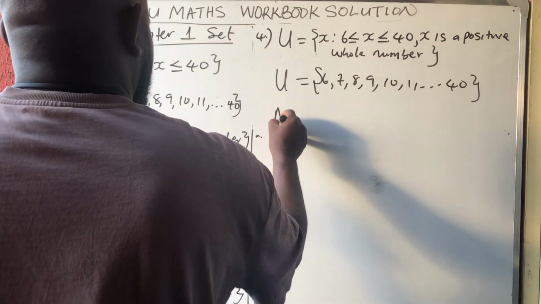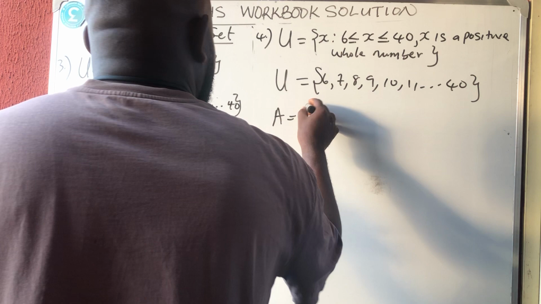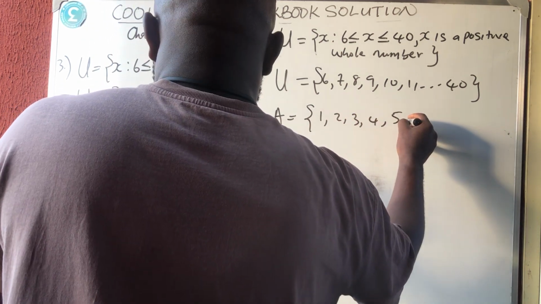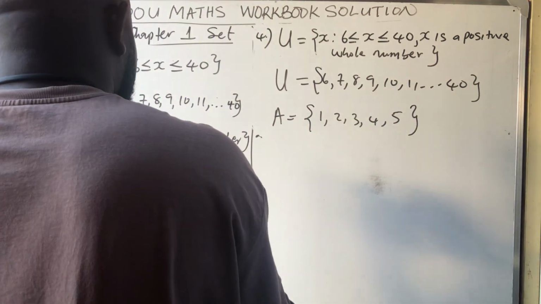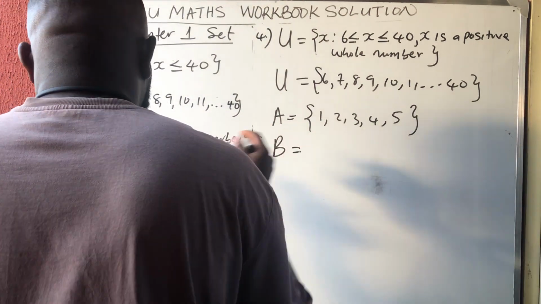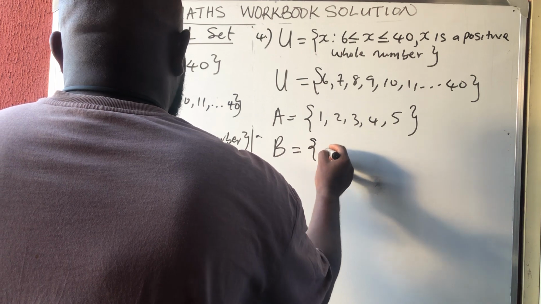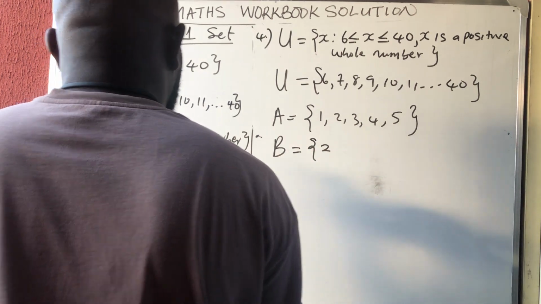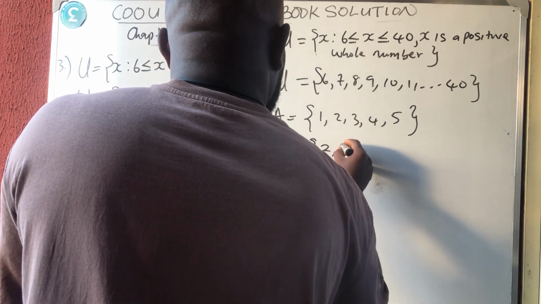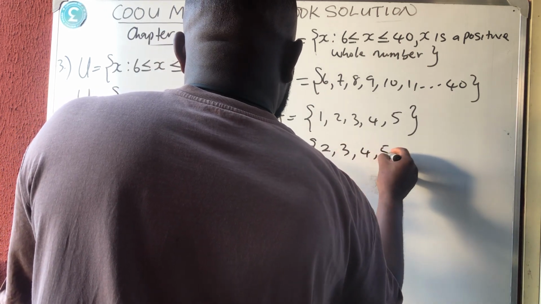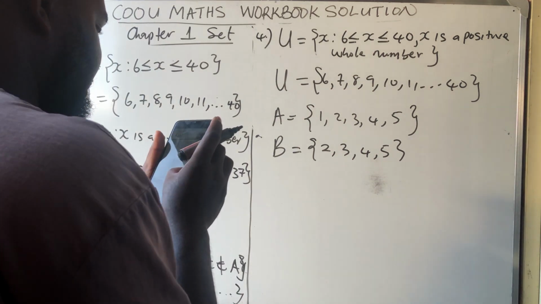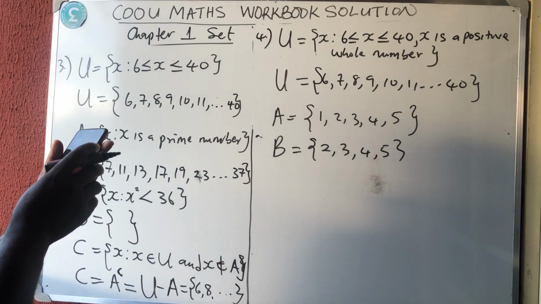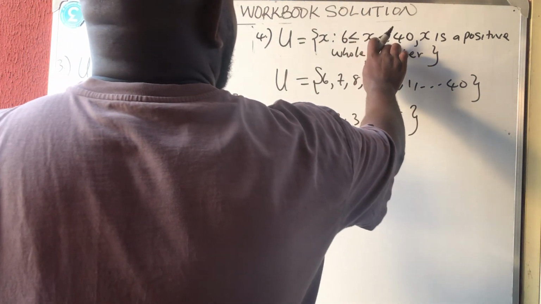Now set A. They say that set A is 1, 2, 3, 4, 5. They say set B is equal to the set of 2, 3, 4, and 5. I think that what is written here is a typographical error.